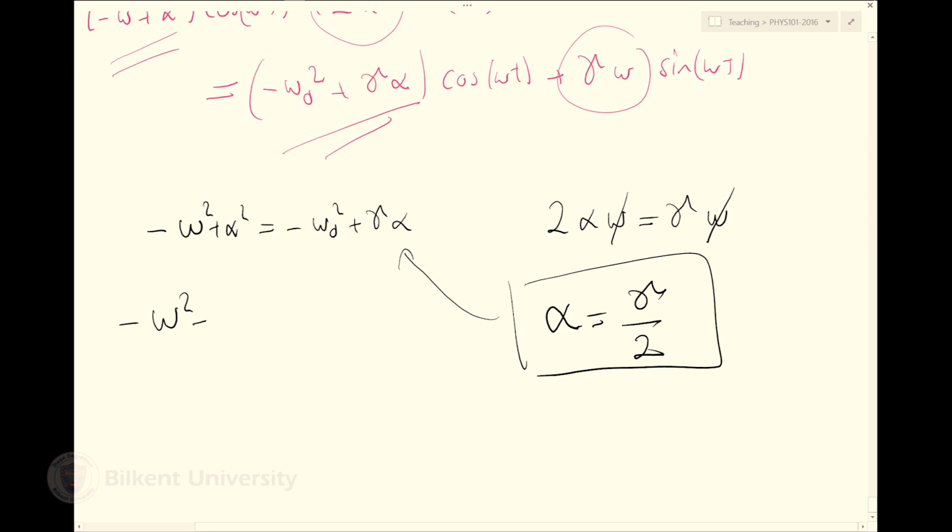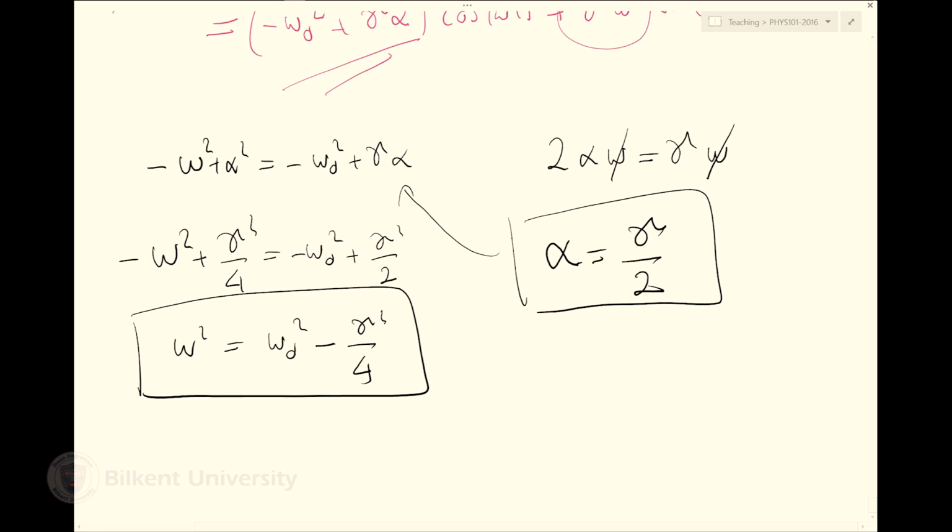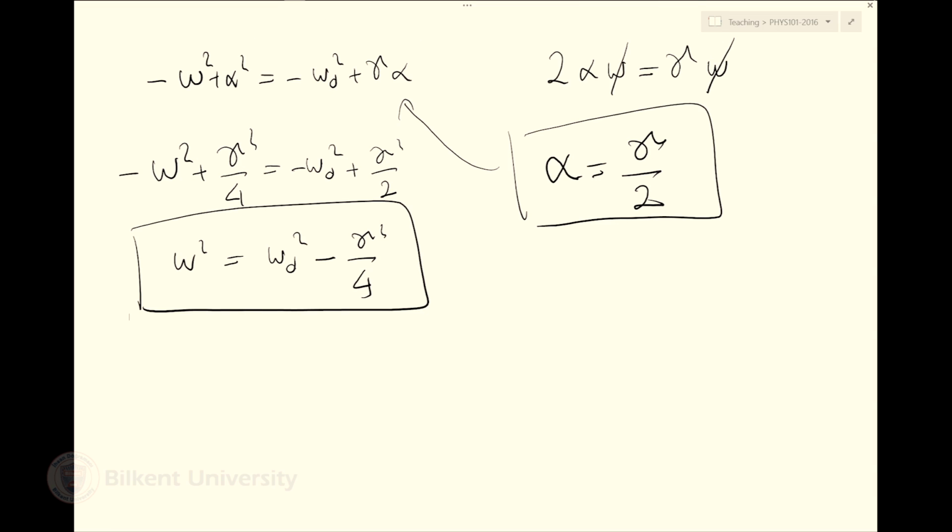Now I can plug it back here. Minus omega squared plus alpha squared. So gamma squared over 4 is minus omega 0 squared plus gamma squared over 2. So omega squared is omega 0 squared minus gamma squared over 4. So what did I find?